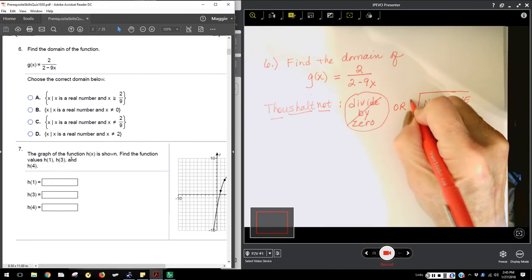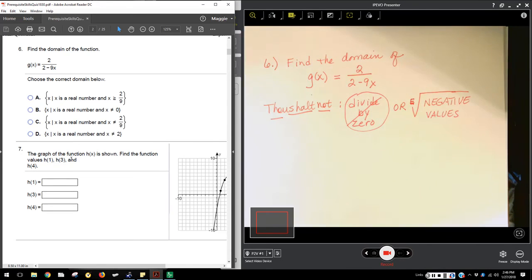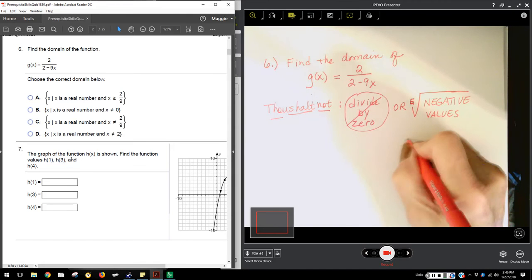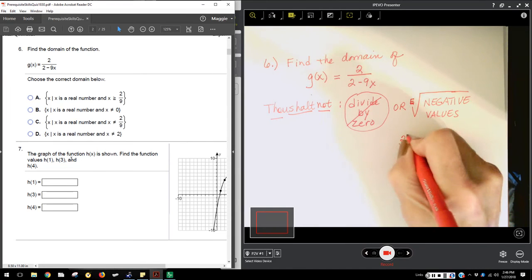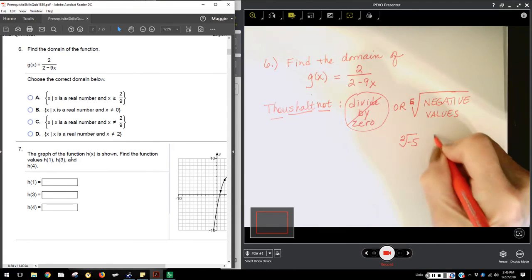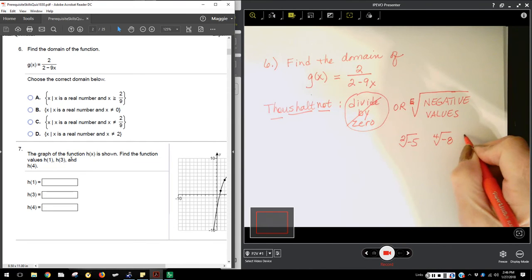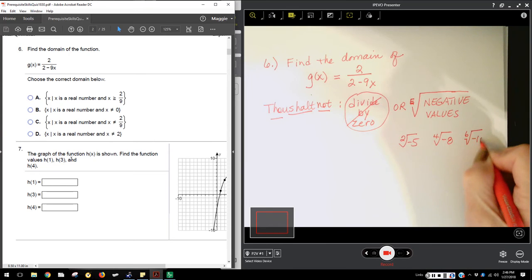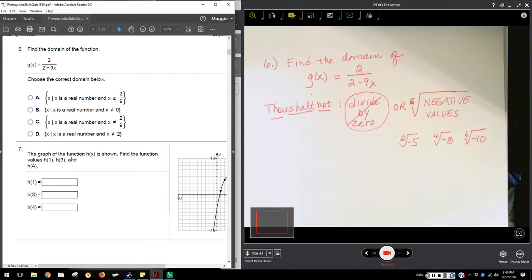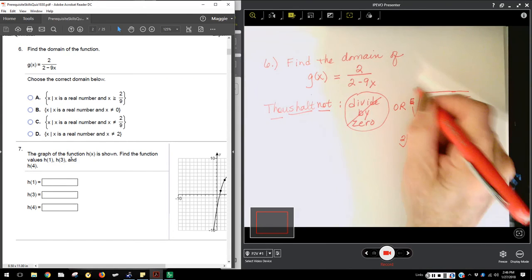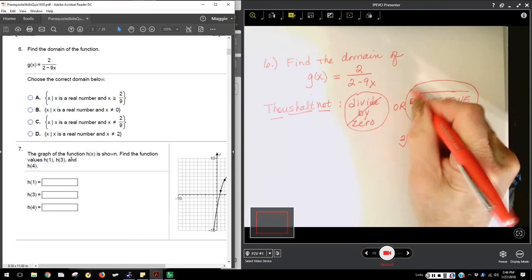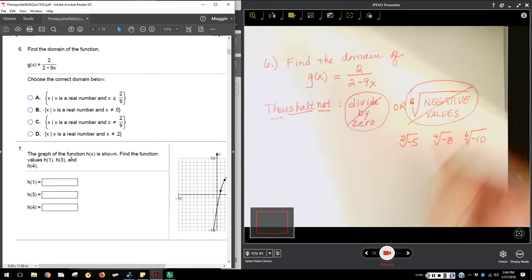The second one is take the even root, and I'm being very careful here saying the even root. That would be things like square root or fourth root or sixth root of negative numbers. Okay? Not allowed to do that either. And it's important to realize that that's just even roots.